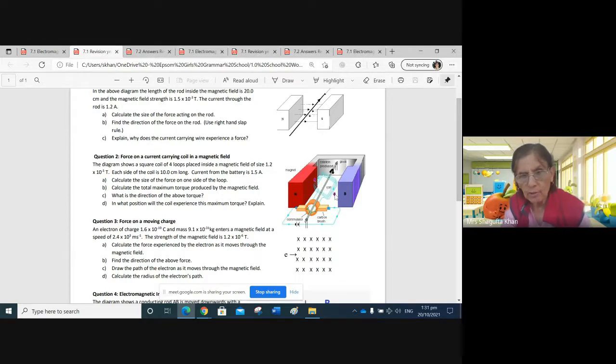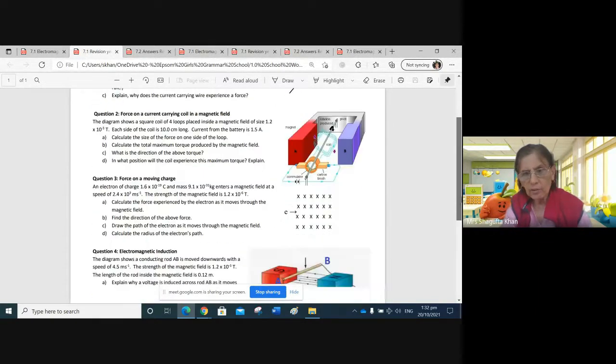So the total force that we've calculated for 4 loops times the distance will give you the torque created by this side, and then an equal amount of torque will be created by that side. In other words, this coil will rotate. If we are looking from this side, it will be rotating in a clockwise direction. So that's the basic principle of the motor rule.